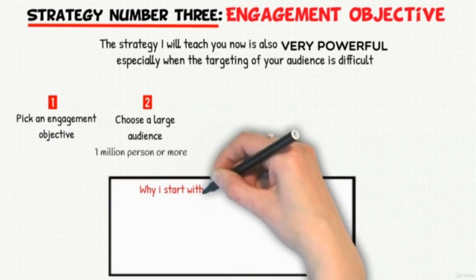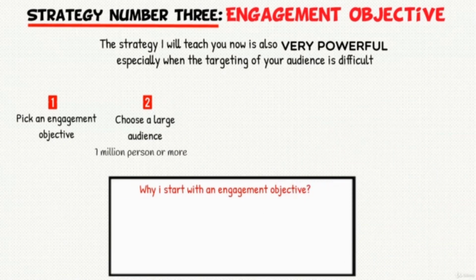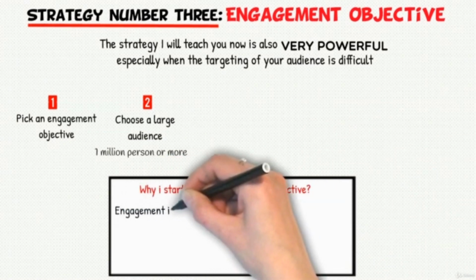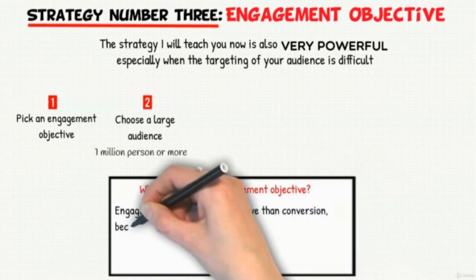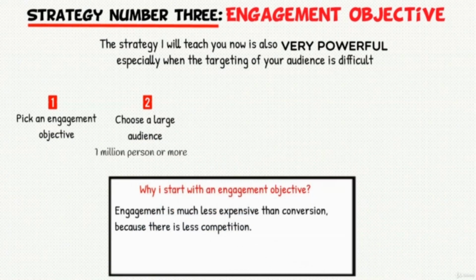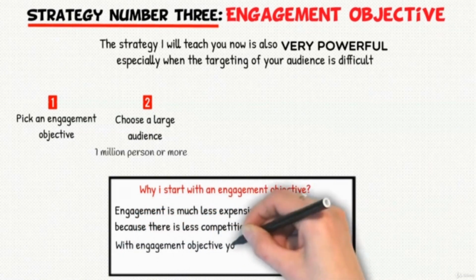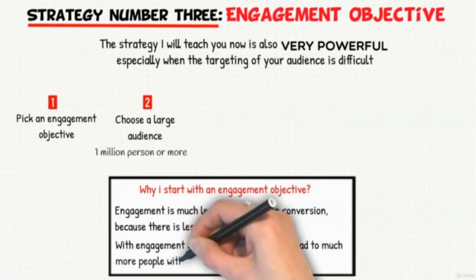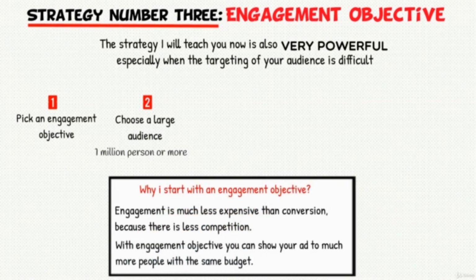So why do I start with an engagement objective? Well, because engagement is much less expensive than conversion, because there is less competition. And when you have a large audience, it's better to target them with engagement first. With engagement objective, you can show your ad to much more people with the same budget.